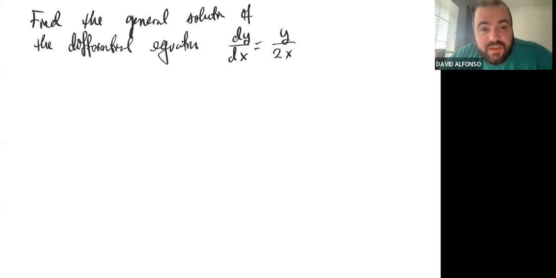So the trick here is to multiply both sides by dx and then move anything that's y to the side with y and anything that's x to the side with x. You want to separate the variables, but dy and dx cannot be in the denominator. That's why, first of all, you would multiply both sides by dx.